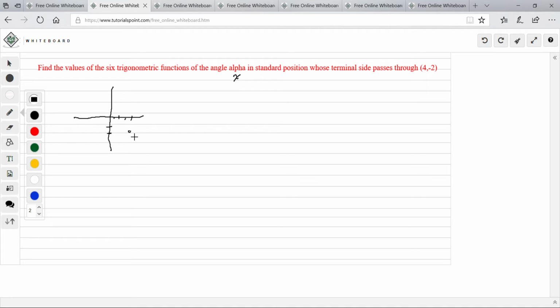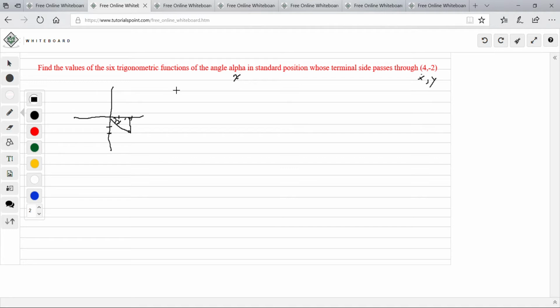You could think of this as a vector. We've got to draw a triangle. So here's alpha. This is the point (4, -2), so 4 is our x, and -2 is our y.